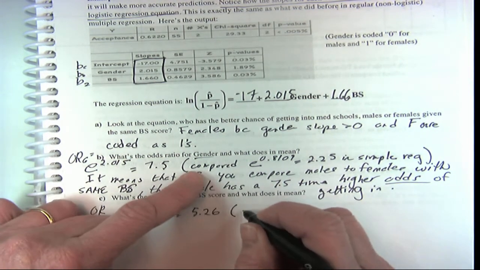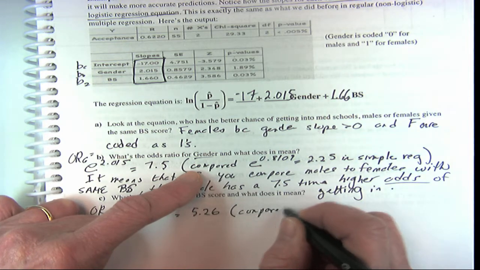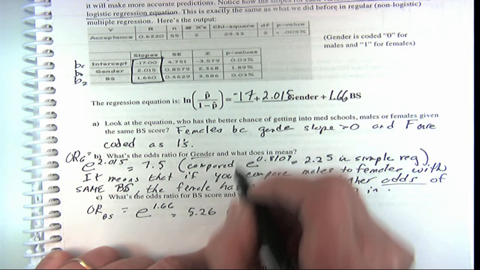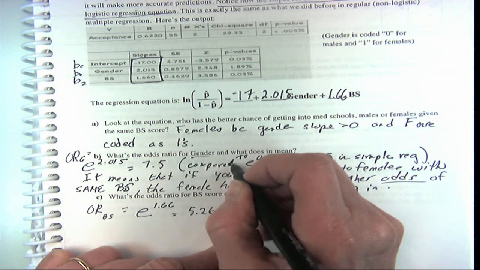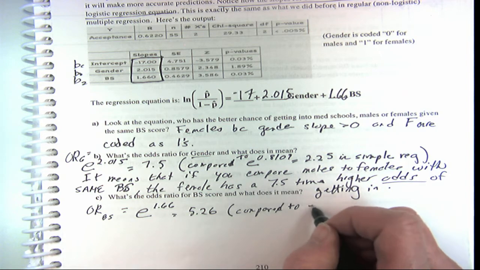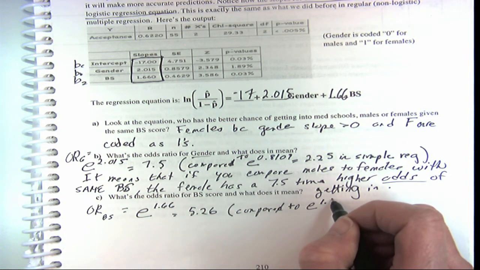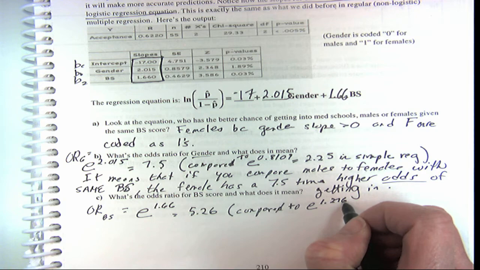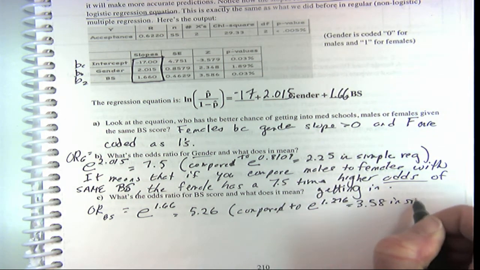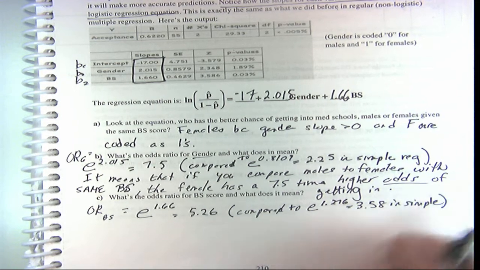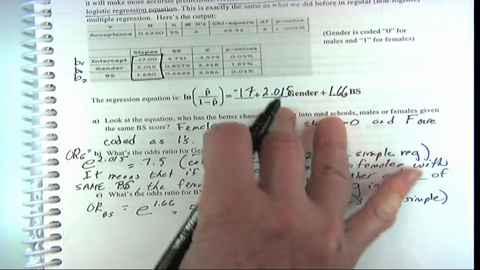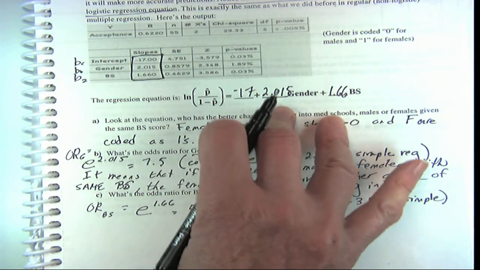So compared to what we got in the simple, which was e to the 1.276, which was 3.58 in the simple. So, it's been a while, but before, when they were all positively correlated, when we put them into the multiple regression, they were partial slopes.